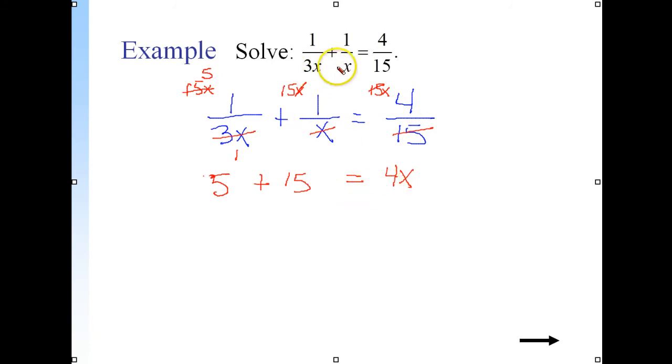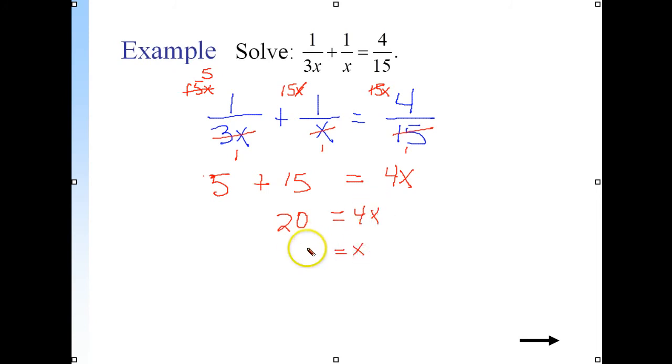So again, I'm looking for my common denominator, which was 15x. Multiply every term by 15x. Cancel out, so all of my denominators now are 1. Multiply through, and I now get 20 equals 4x.